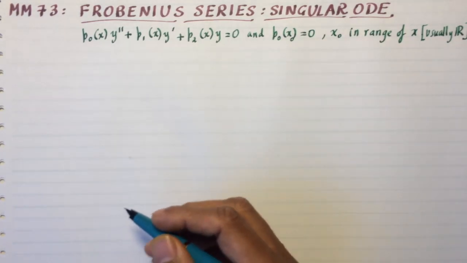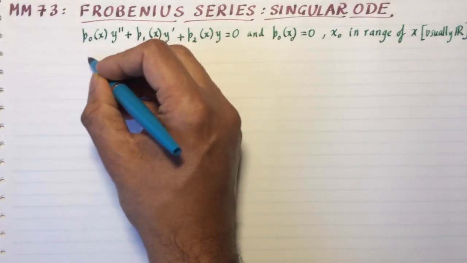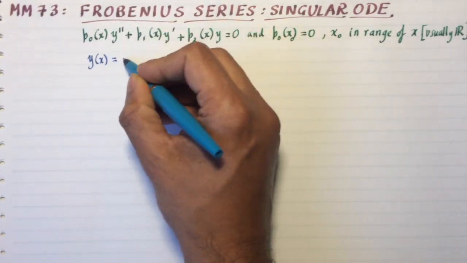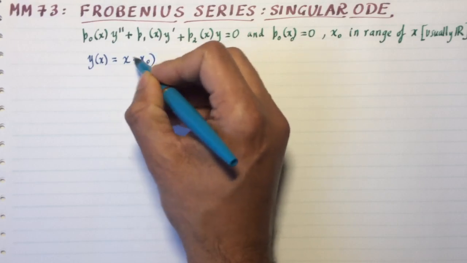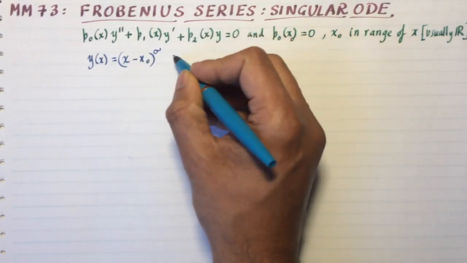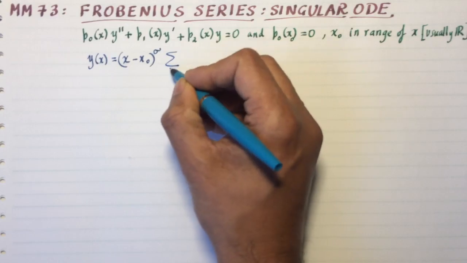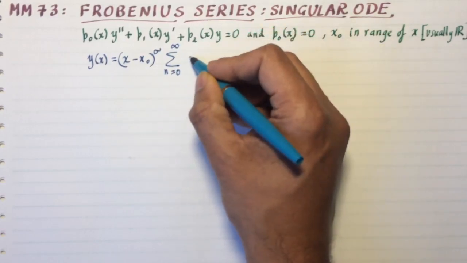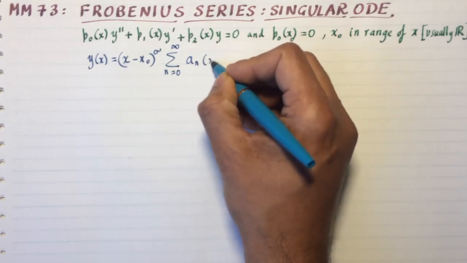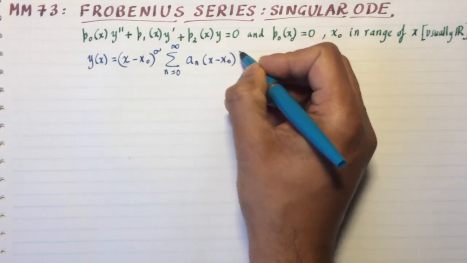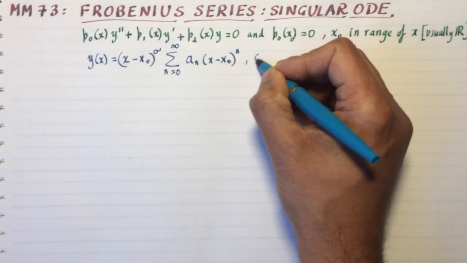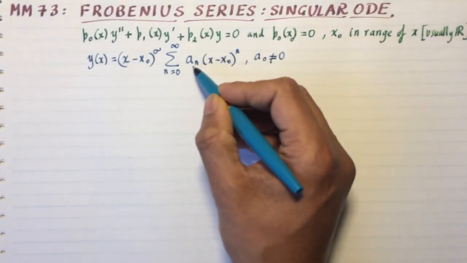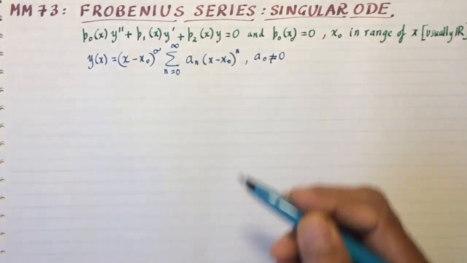What we have to then do is seek a solution of the form y of x equal to x minus x naught to some power, which I'll call sigma, and then proceed to find the usual series sum. So a_n times (x minus x naught) to the power n, with the understanding that a naught is not 0. If a naught is 0, then it'll undermine this coefficient sigma.